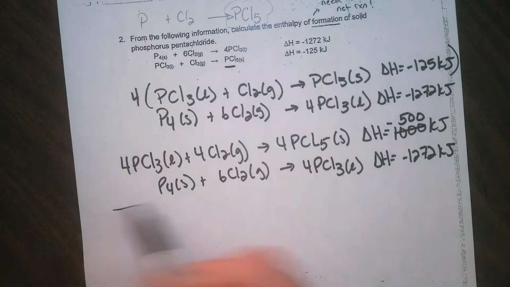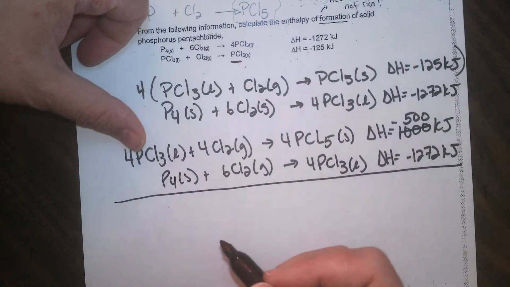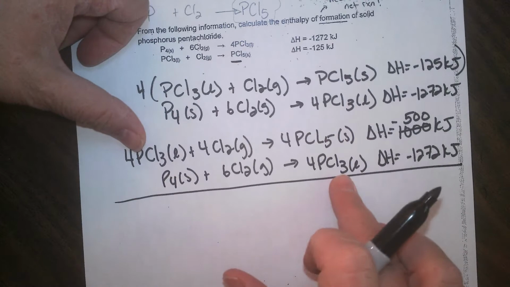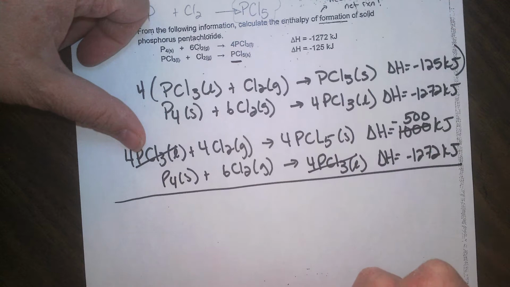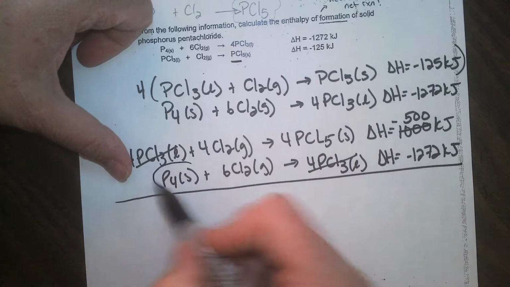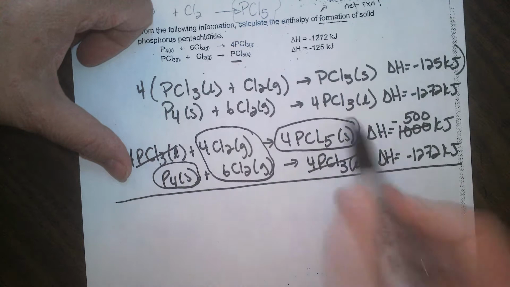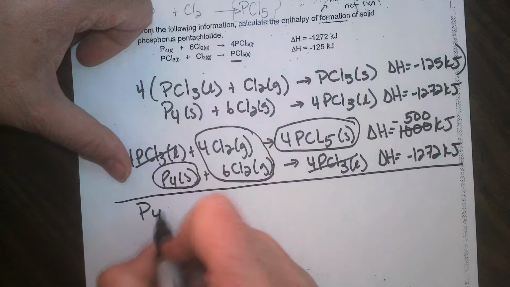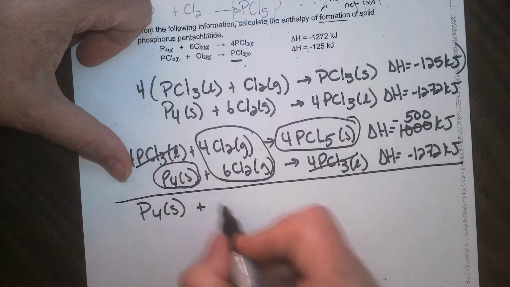So now what I need to do is look at my net. If I have 4 PCl3s here and 4 PCl3s on the opposite side, I can cancel those out. And so I'm left with P4 solid plus how many chlorine gas molecules? 10.